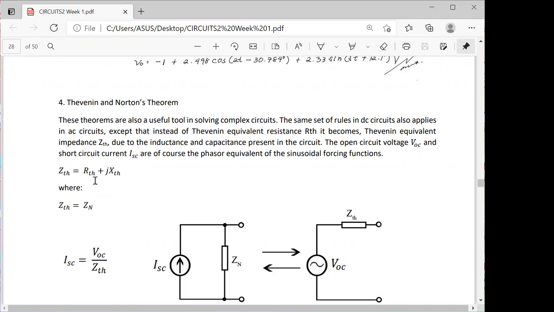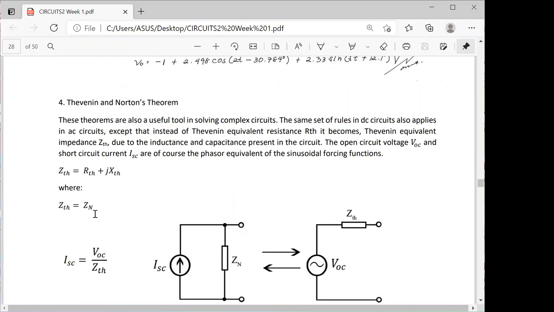And sinasabi rin dito, yung Z sub TH natin is also equal to our Z sub N, just like in your DC circuit, your looking back resistance or Thevenin's resistance R sub TH is said to be equivalent to R sub N, Norton's equivalent resistance.